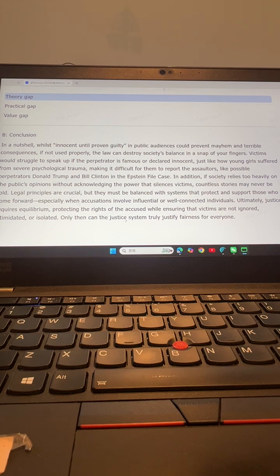I think to change the fact where, if influential and well-connected individuals are involved in the case, the judges and the people who judge them should be non-biased.